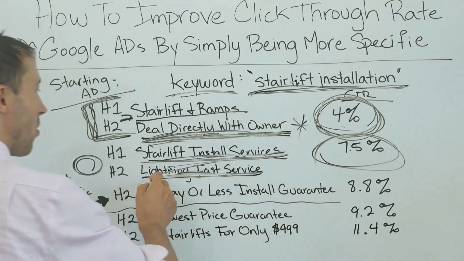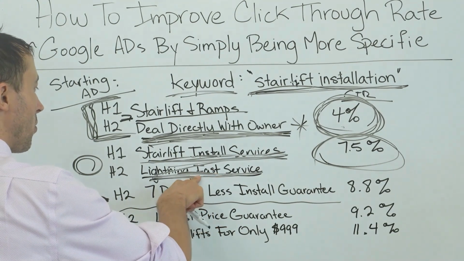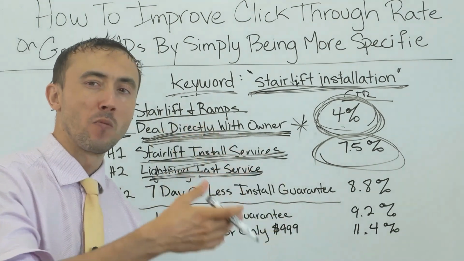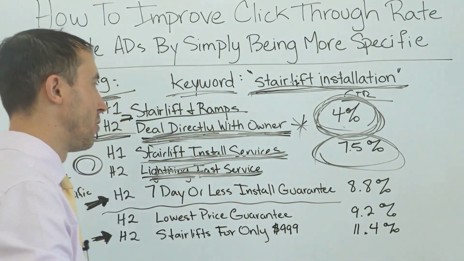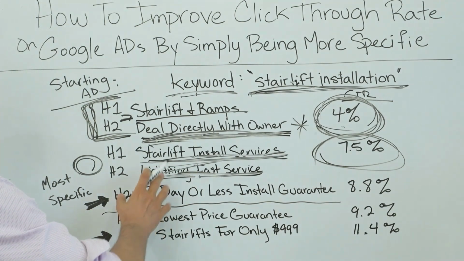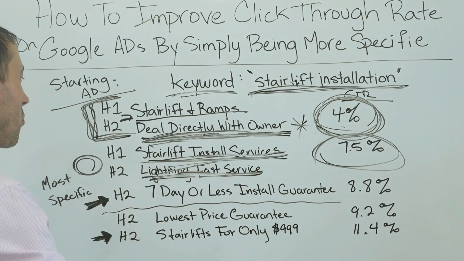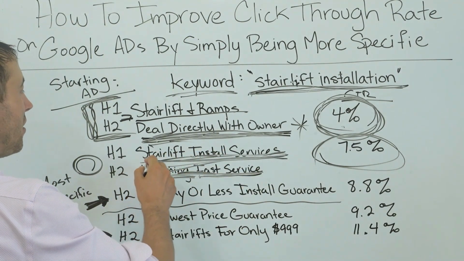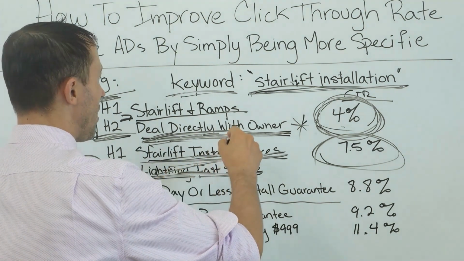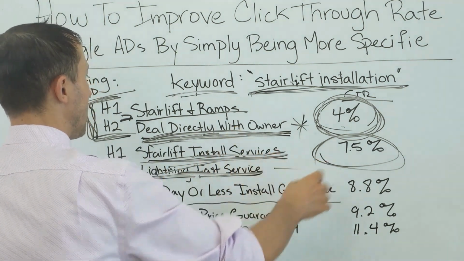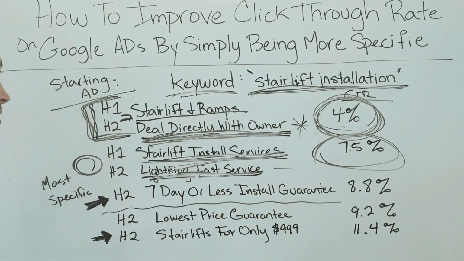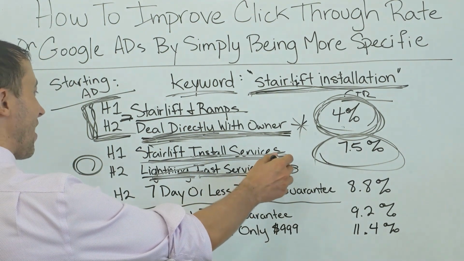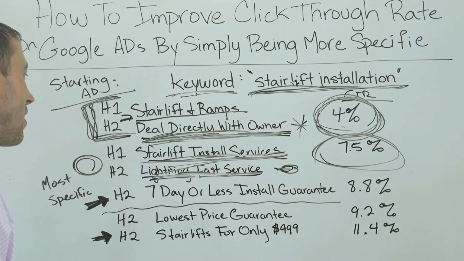And then we give them what we know they want to hear more than anything else on the second headline. Because we're more specific, we're going to get a higher click-through rate. Now, once in a while, this second headline, by being more specific, we'll say like #1 stairlift installs in Dallas, if this is a local business. If you put the city name in the second headline, it's going to take valuable space away.